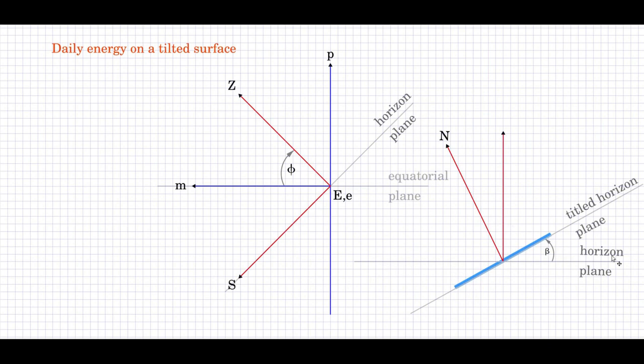We have the horizon plane at the locality, and we have tilted the flat plate collector at an angle beta with respect to the horizon plane, and the plane along the tilted flat plate collector is called the tilted horizon plane. Normal to the tilted flat plate collector, you have this normal line or the normal axis, N axis, which is orthogonal to this tilted flat plate collector.